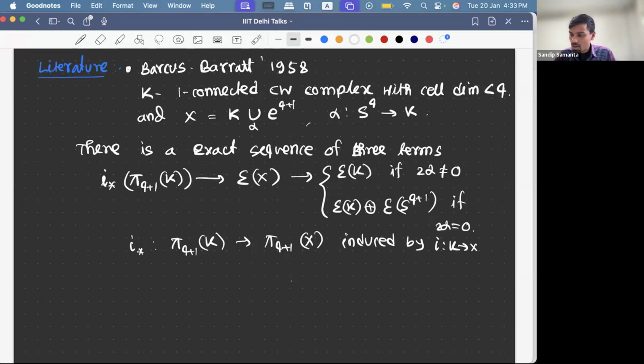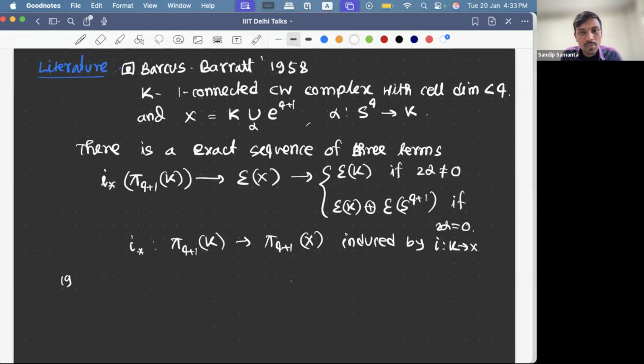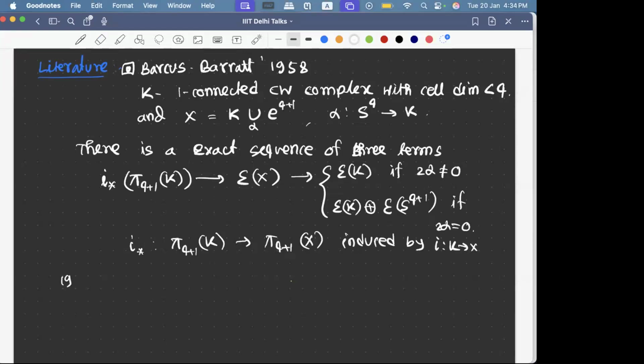Okay. So later on, in the next one after this, this is 1958. Yes, so how does this I star of pi q plus 1 of K get included in EX?